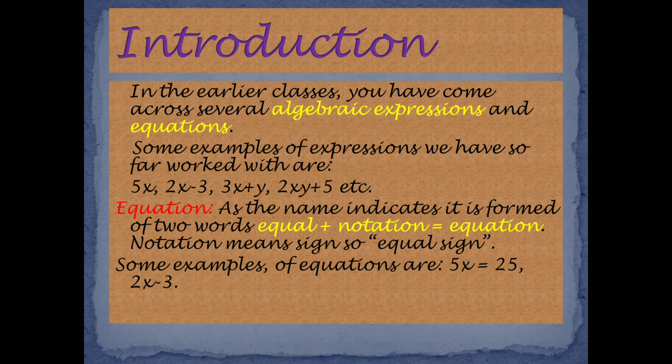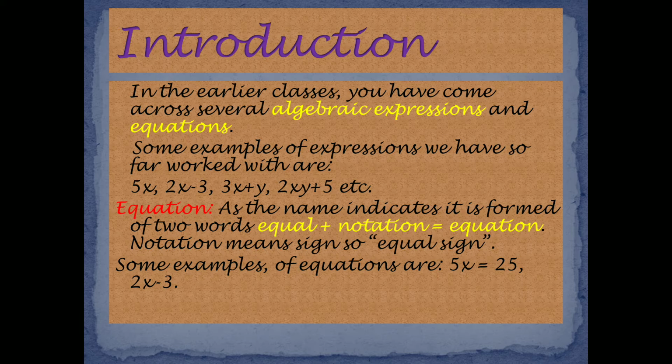So algebraic expressions are those expressions in which we use variables. Variables can be two, one, it depends on the expression itself, the equation itself. And if there is an equal notation or equal sign in that, then it will be known as an equation.